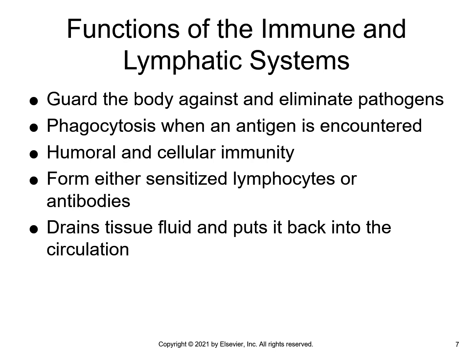The immune and lymphatic systems work together to guard the body against pathogens and to eliminate pathogens if they manage to pass through the external barriers. The neutrophils and macrophages of the hematologic system assist the immune system by the act of phagocytosis when an antigen is encountered.